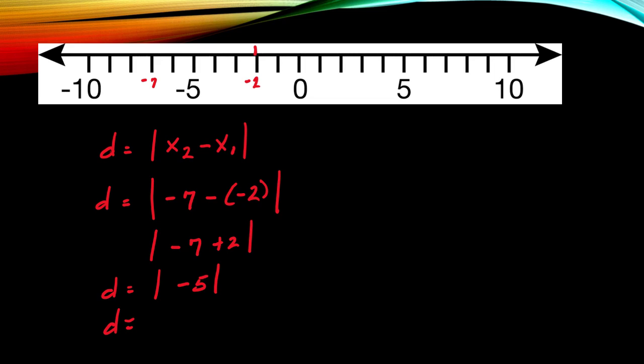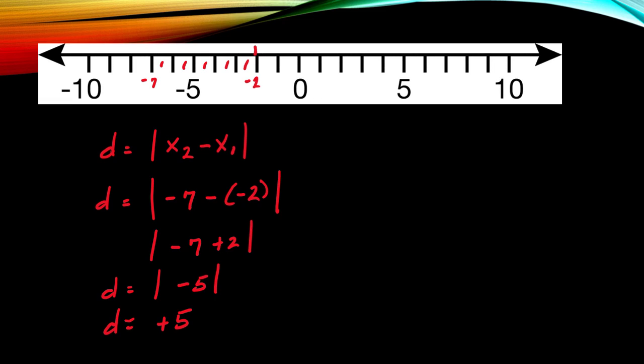The absolute value sign just says whatever is inside the absolute value bars, change it to a positive or leave it as a positive. And we can see by counting, there's 1, 2, 3, 4, 5 spaces between -7 and -2.